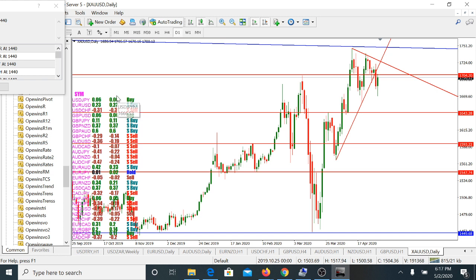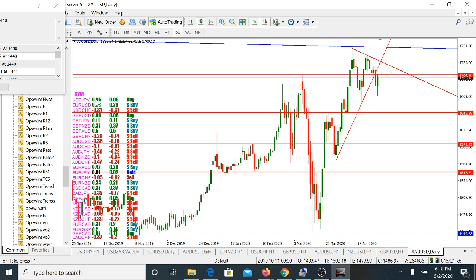Number two, whether we should keep our opened position running, or we should close them. Okay, this indicator will alert you on what to do in both cases. One, to open a new order. Two, to keep the existing order running, or to close it, or to close them, whichever, if there are many.